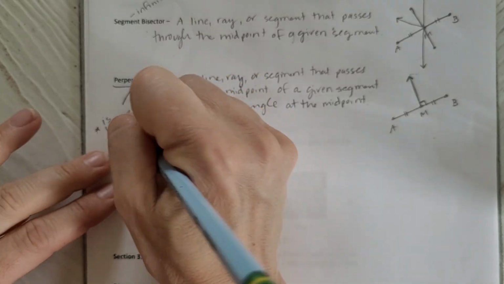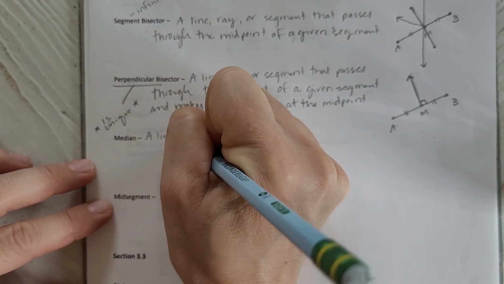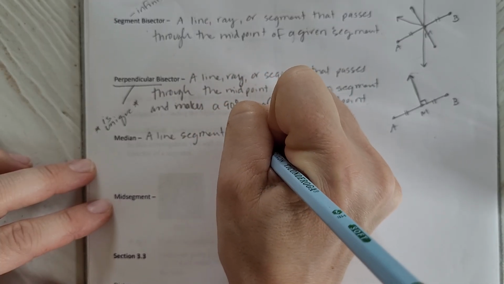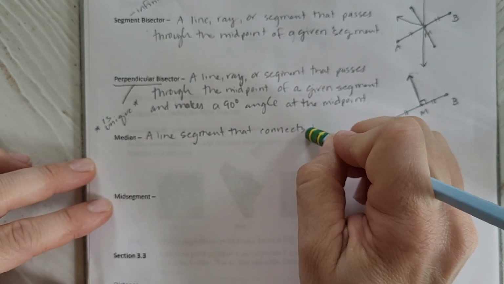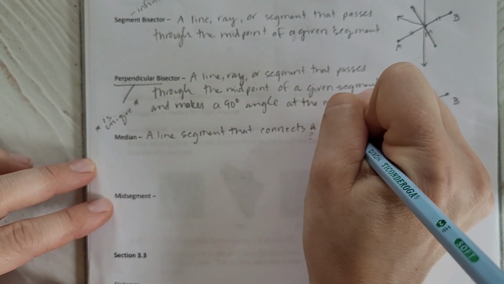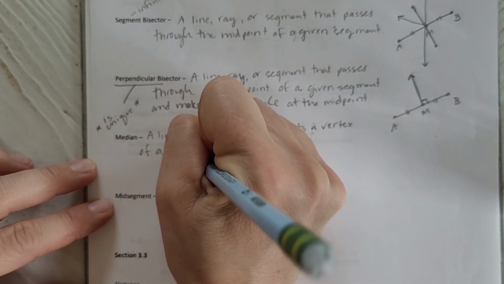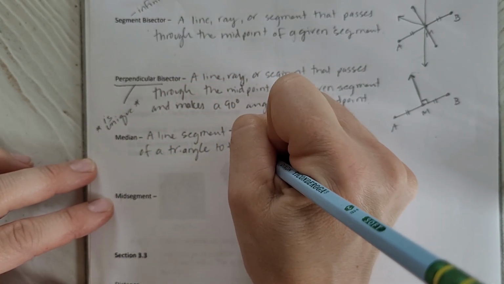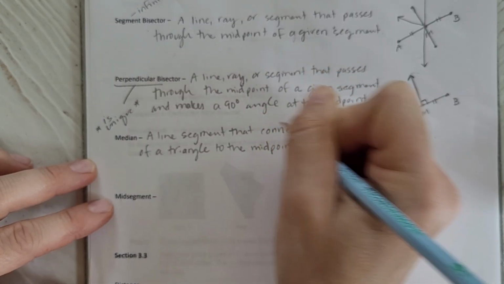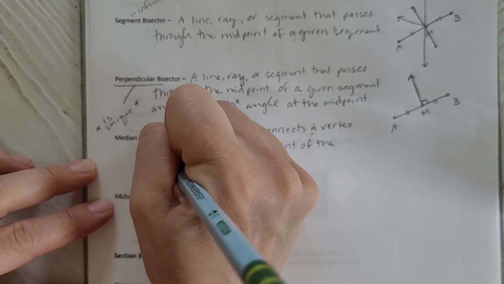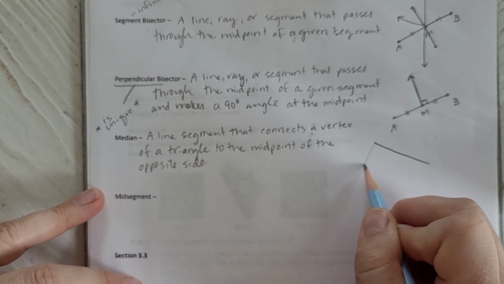So a median is, and this is a median of a triangle, a line segment that connects a vertex of a triangle to the midpoint of the opposite side.